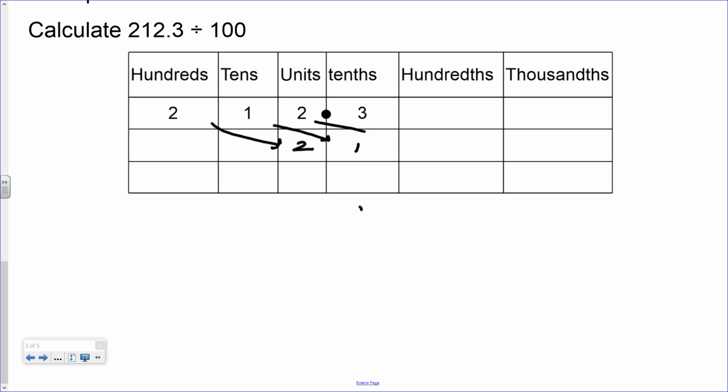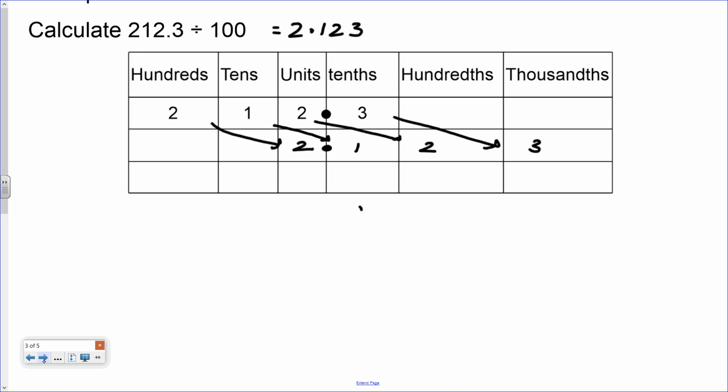The units are going to become hundredths, so they're going to move over. And the tenths are going to become thousandths, so they're going to move over. The decimal does not move, so it stays where it is, and that number becomes 100 times smaller. The numbers have all moved over 2 places to the right this time to make that answer 2.123.